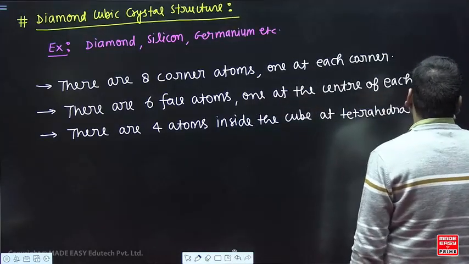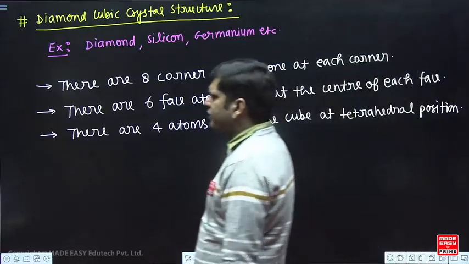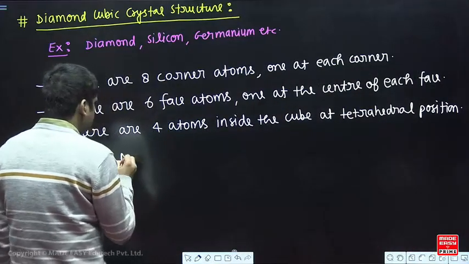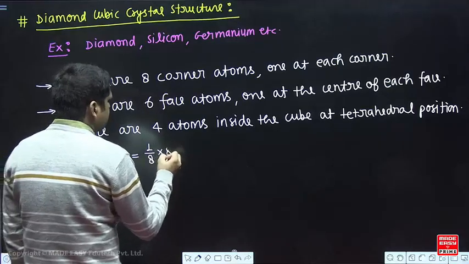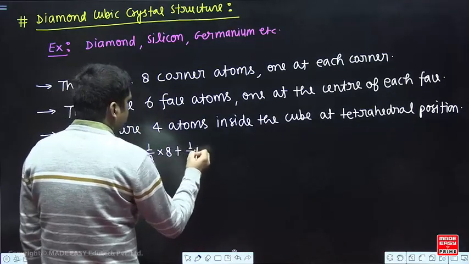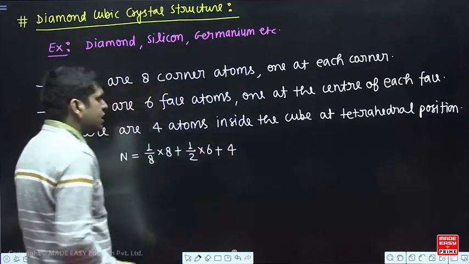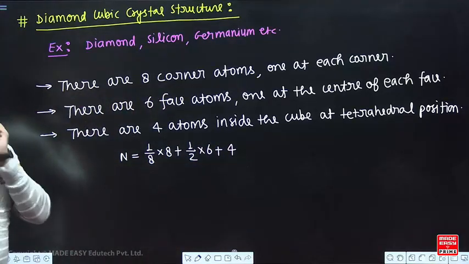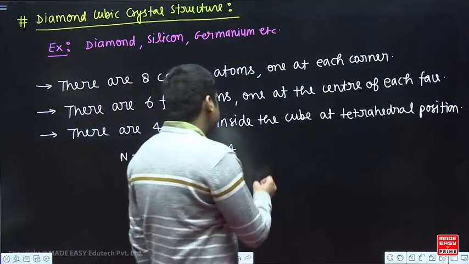So if you calculate the effective number of atoms, it will be equal to corner atoms 1/8 into 8, plus face atoms 1/2 into 6, plus 4 atoms inside the cube. Inside the cube means they are entirely contributing to the same cell.